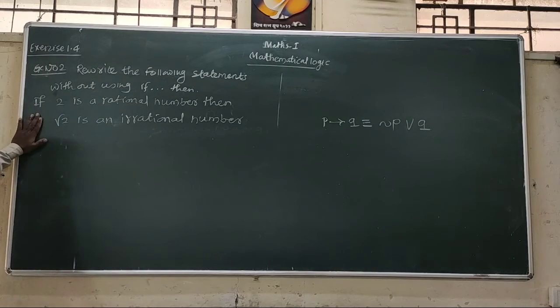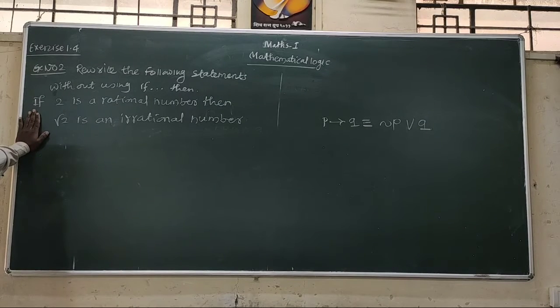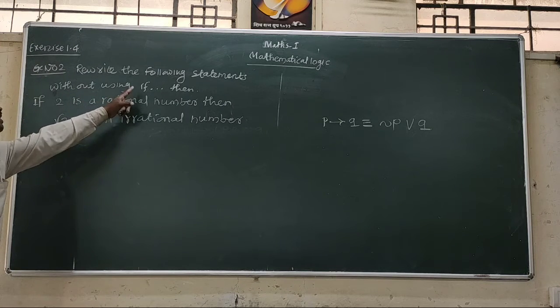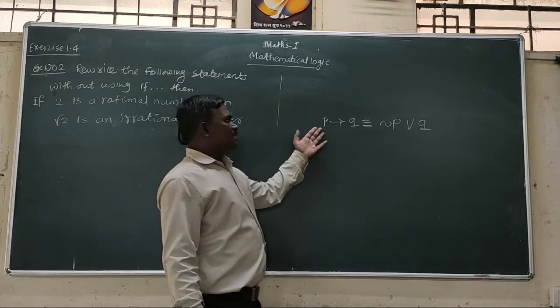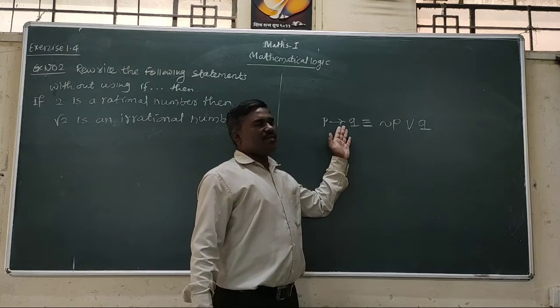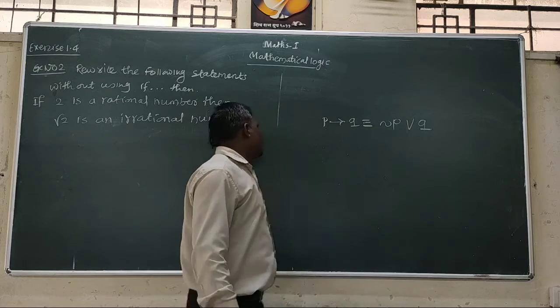Therefore, the compound statement is: if 2 is a rational number, then root 2 is an irrational number. This compound statement rewrite without using the if then. Therefore, using this result, P implies Q is equivalent to negation of P disjunction Q.